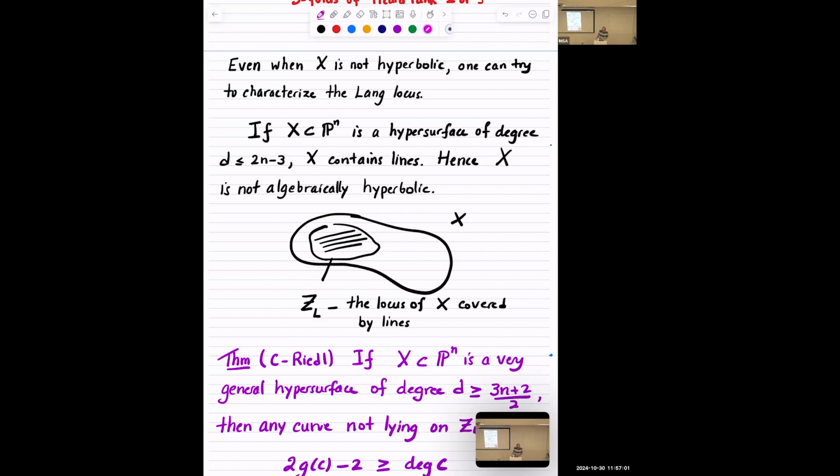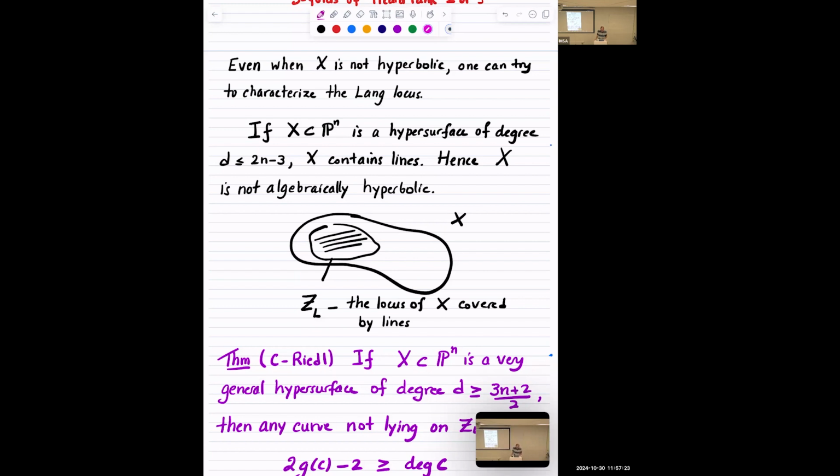Suppose that you have a hypersurface of degree d less than or equal to 2n minus 3. As I said, such a hypersurface contains lines, so it cannot be algebraically hyperbolic. But can we understand the Lang locus, at least for algebraic hyperbolicity in this context?